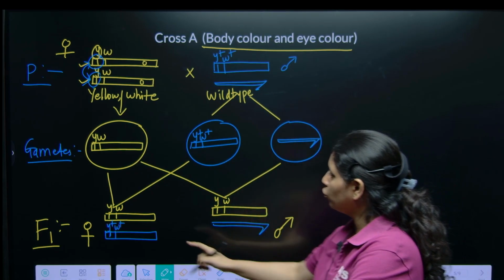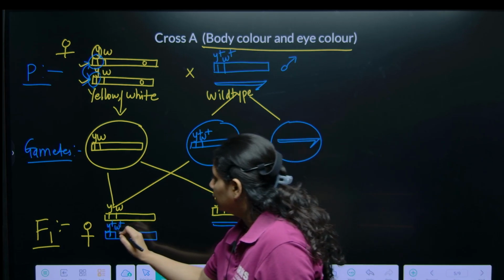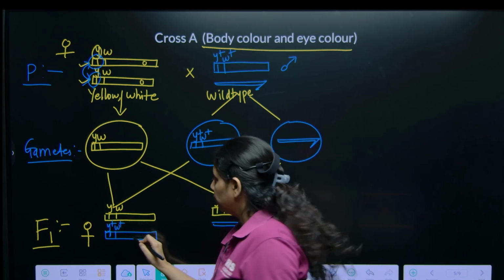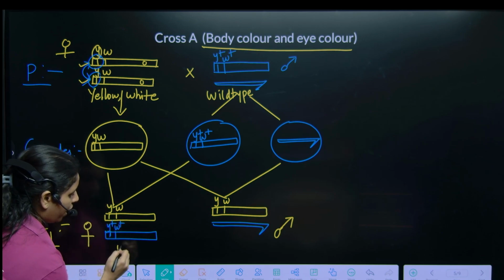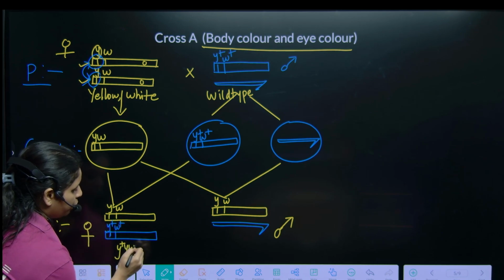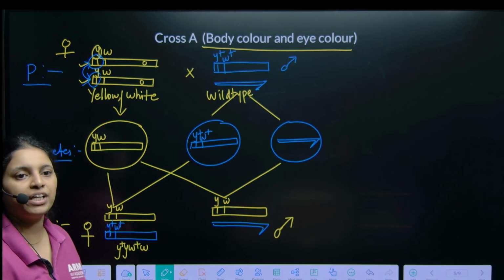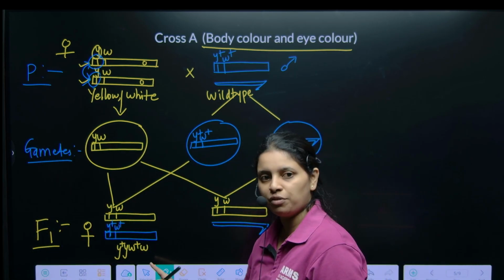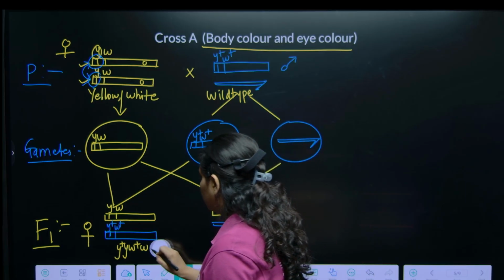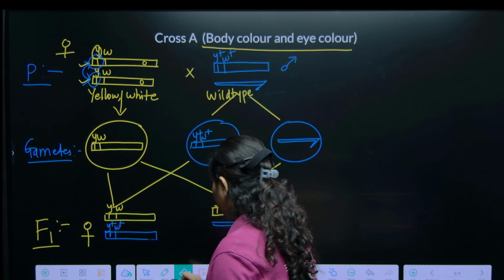Now, what about the offspring? See here, this offspring has genotype like this. Y plus, you can write it like this. Y plus Y, W plus W, just like capital Y, small y, capital W, small w, right? In similar way. So, what will be the character expressed?